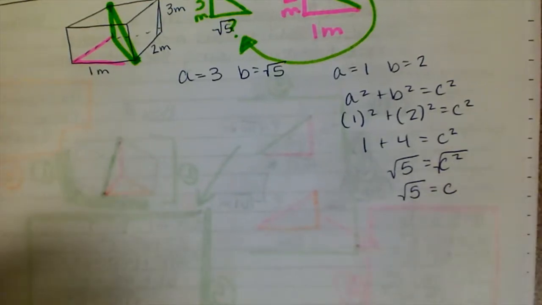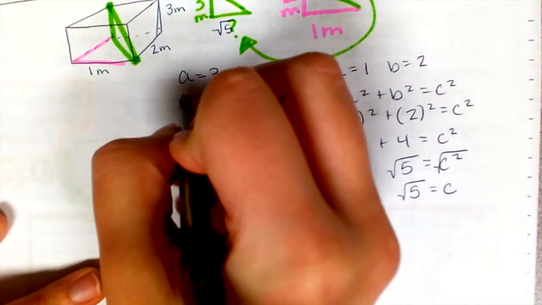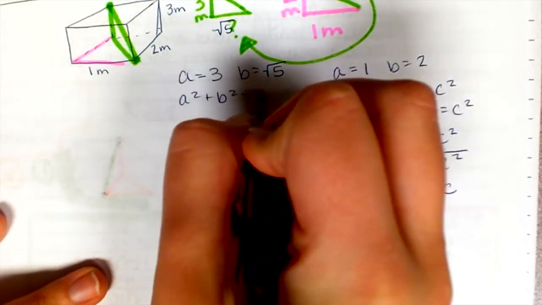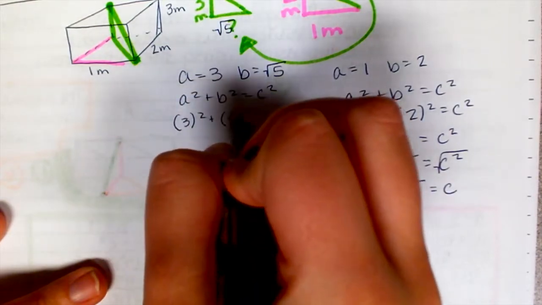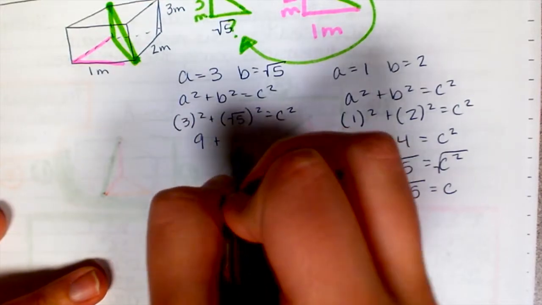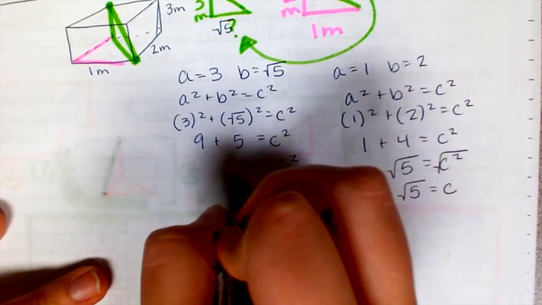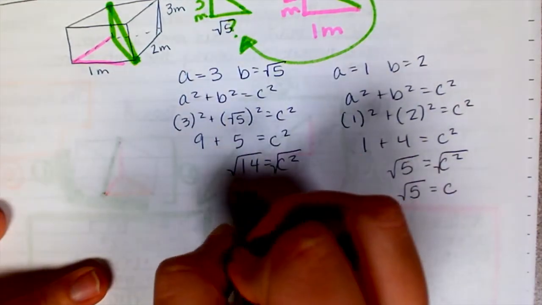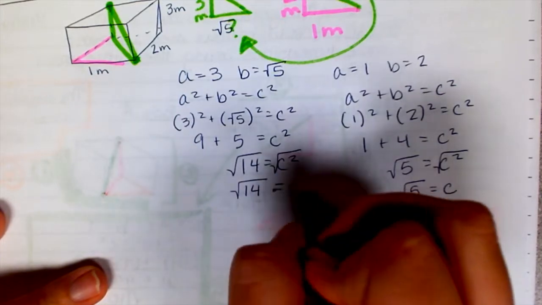Raise your hand if you're well on your way to getting this far. Okay, good. So A squared plus B squared equals C squared. 3 squared plus the square root of 5 squared equals C squared. 9 plus 5 equals C squared. 14 equals C squared. So you have the square root of 14 equals C.